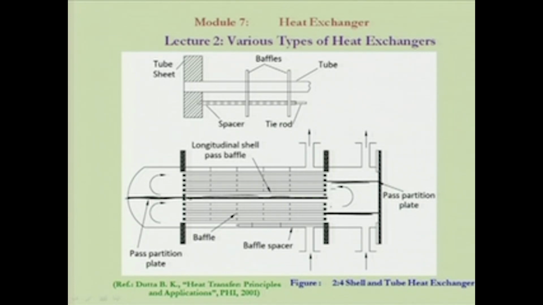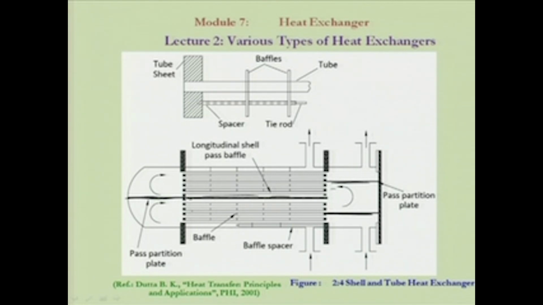These are all tube side partition plates. Also, on the shell side there is a partition plate, placed horizontally and running longitudinally, so that no fluid from one side of the partition can move to the other side.